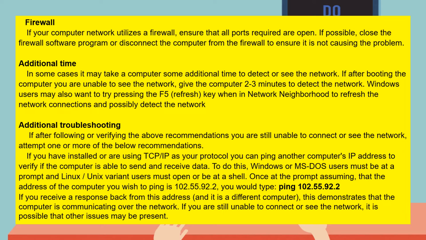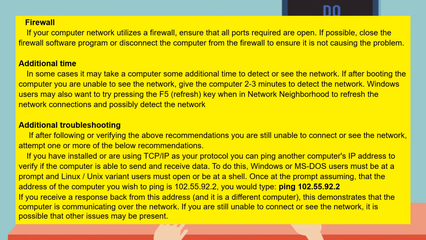Additional troubleshooting. If after following or verifying the above recommendations you are still unable to connect or see the network, attempt one or more of the below recommendations. If you have installed or are using TCP/IP as your protocol, you can ping another computer's IP address to verify if the computer is able to send and receive data. To do this, Windows or MS-DOS users must be at a prompt, and Linux or Unix variant users must open or be at a shell.